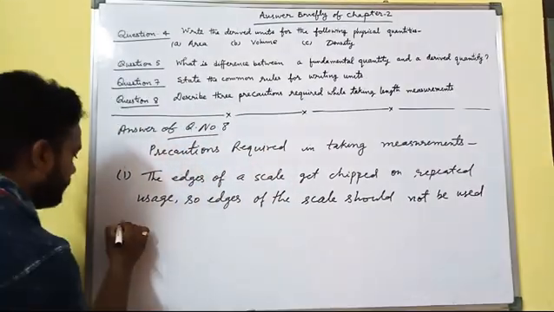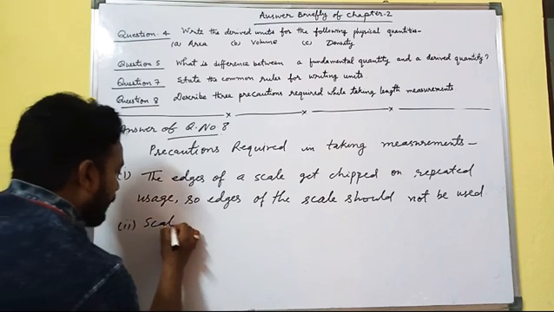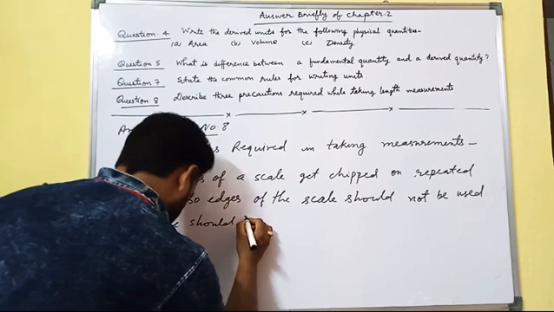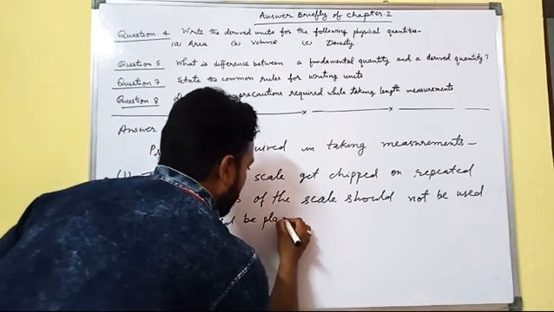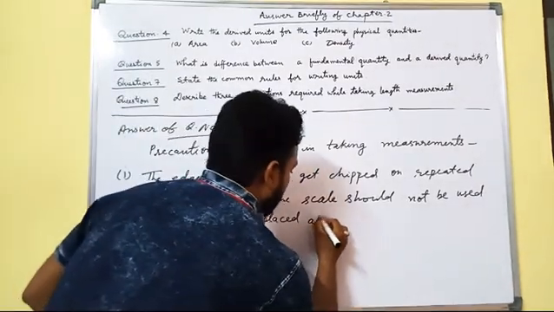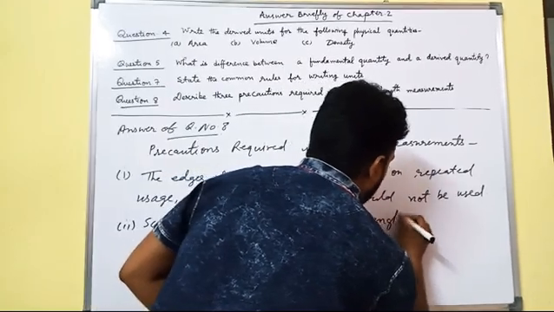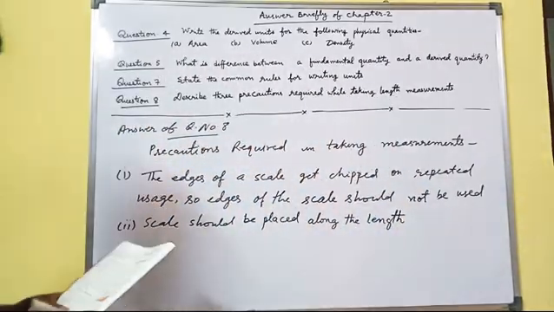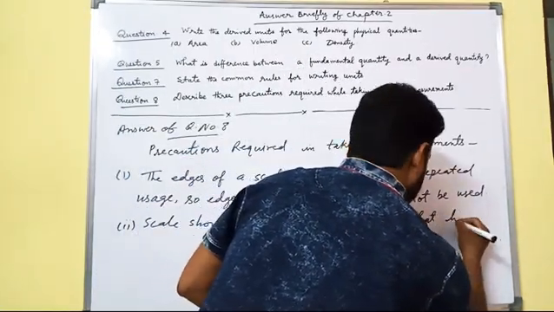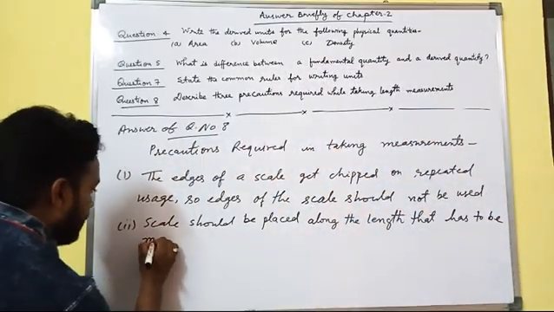Now the second precaution: the scale should be placed along the length that has to be measured.